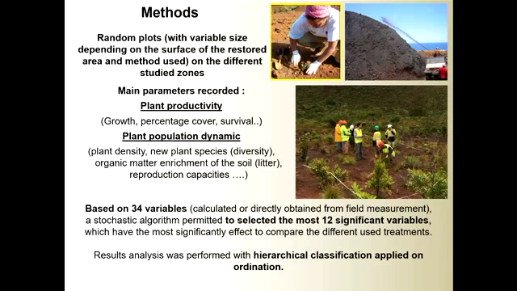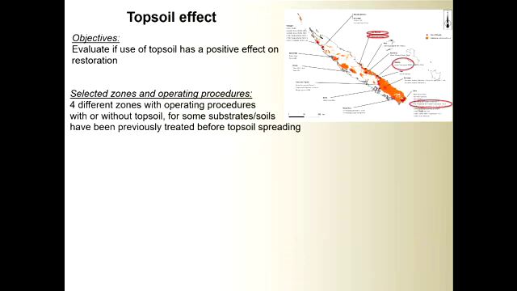So to illustrate it, I will present in detail the results for the topsoil effect case, and then more synthetically for other case studies. So first, for the topsoil, the objective was to evaluate if its use has a positive effect on restoration. For that, 4 different zones with different operating procedures were used.